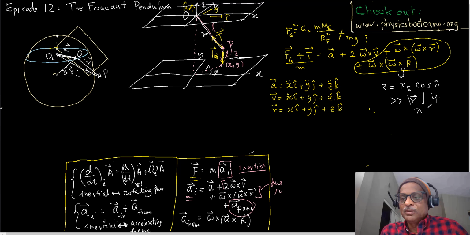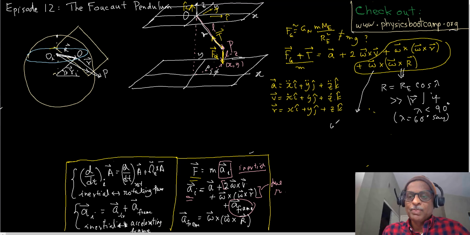If lambda is not 90 degrees, so maybe lambda 60 degrees, say, that's going to be half the radius of the Earth, and your pendulum is not going to be that big. So between these two, when you add them up, this can be omega cross omega cross the radius of Earth cosine lambda, something like that.